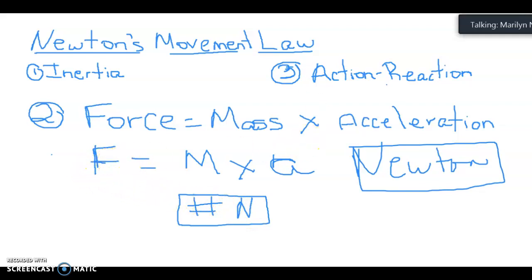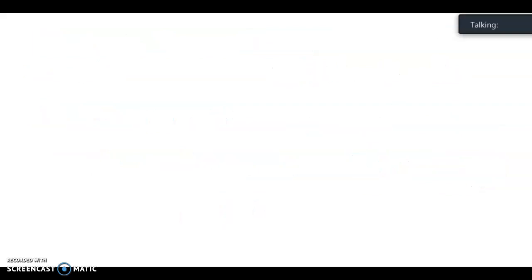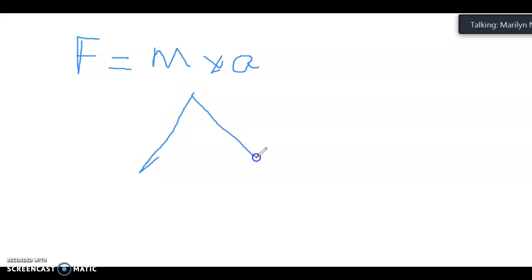But what happens when you need to find mass or acceleration? So you need to use the main equation, that is force equals mass times acceleration, and you need to use the triangle.